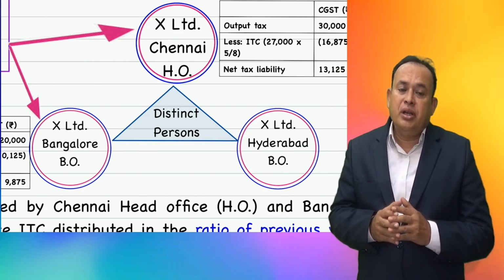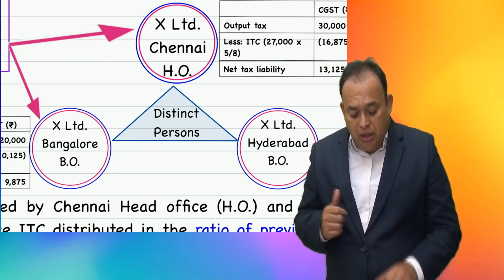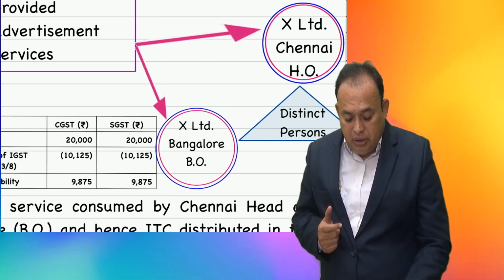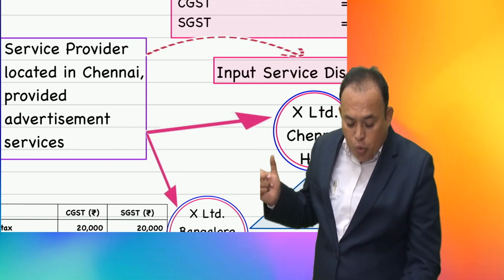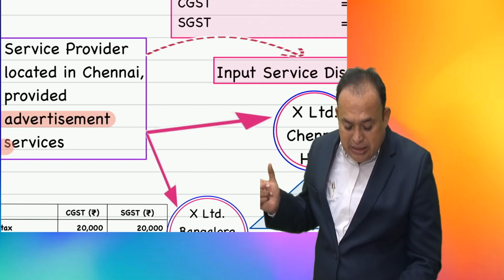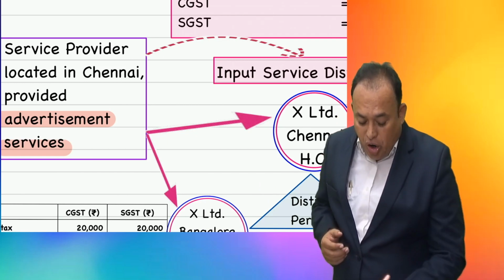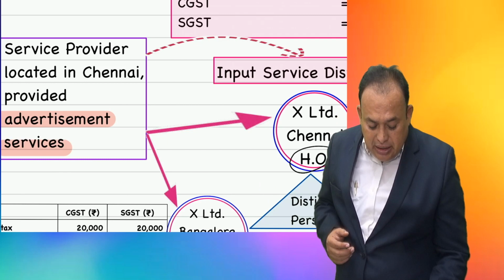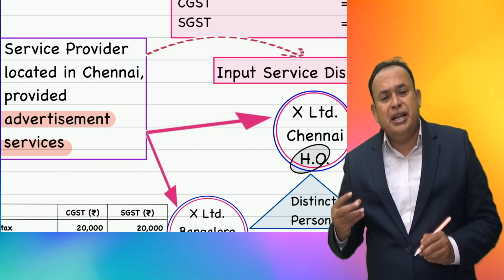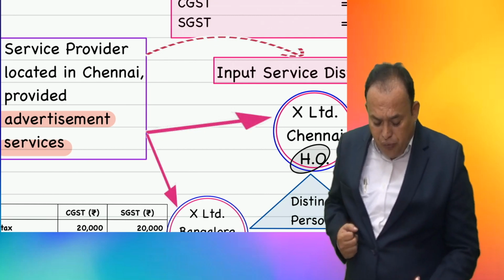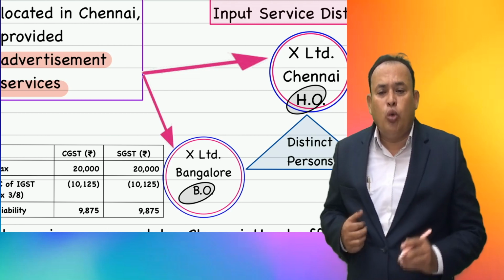Here, X Limited Chennai approached a particular service provider providing advertisement services to advertise the product of Chennai head office, followed by Bangalore branch office product, which they want to promote.